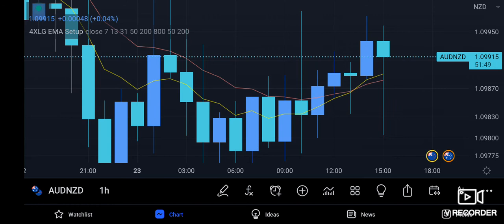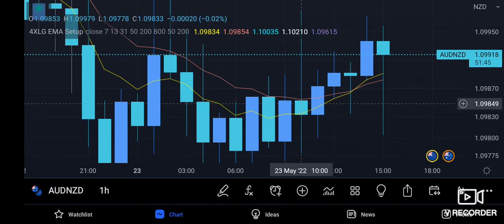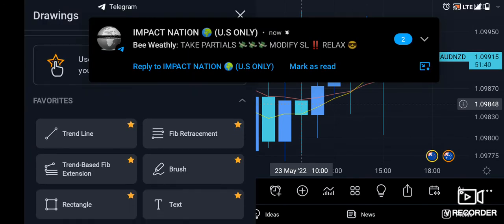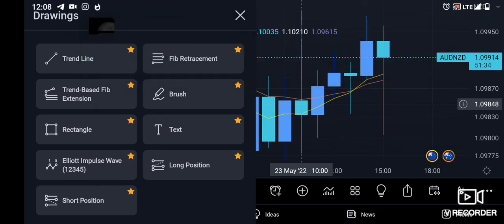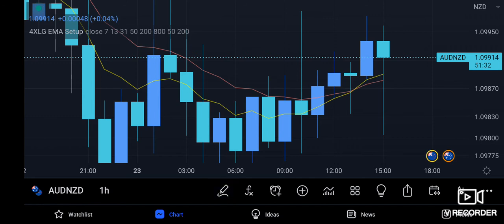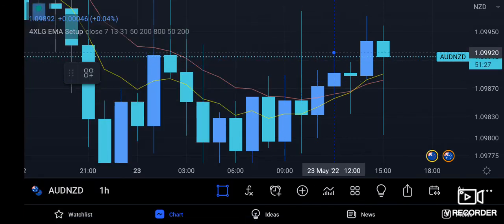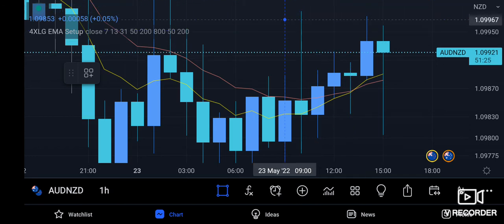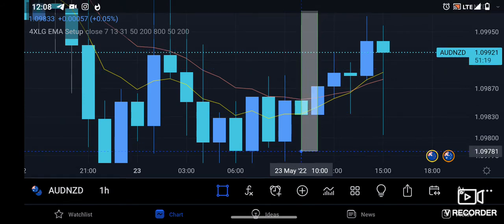So whenever there's a master candle, there's a candle with the body and the wick. Shout out to Be Wealthy, getting us these pips. So a definition of a master candle is a candle where the body and the wick engulfs at least the next four candles.